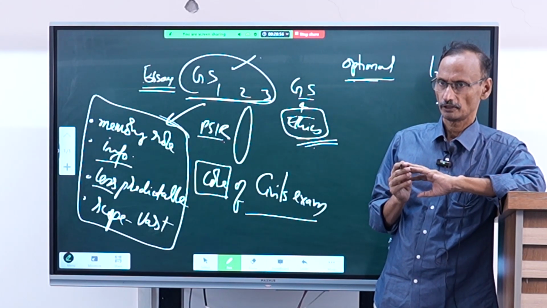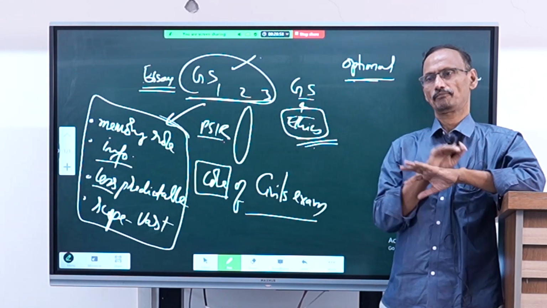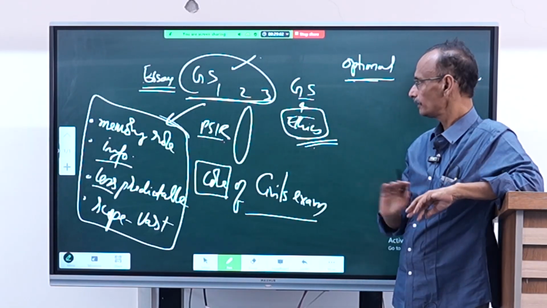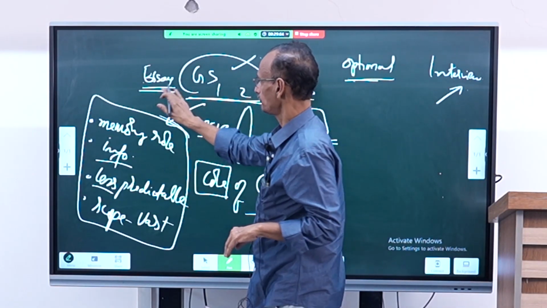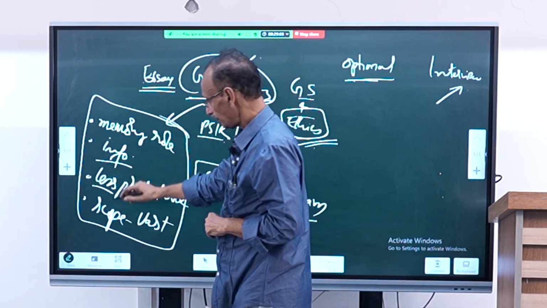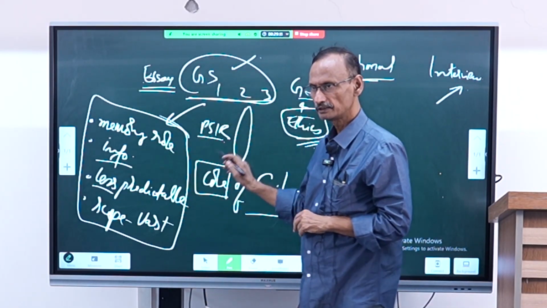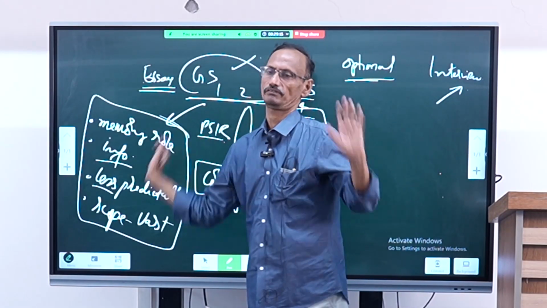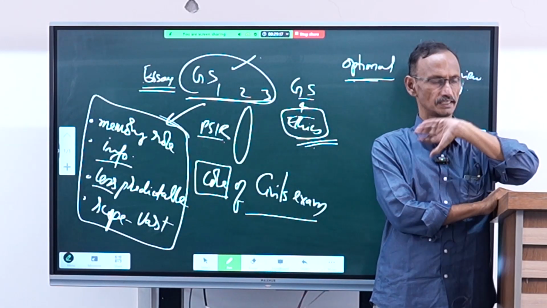So that is one kind. That's why I take GS 1 to 3 as different from other papers. On these dimensions, I would say GS 1 to 3 is the toughest. That is my criteria.